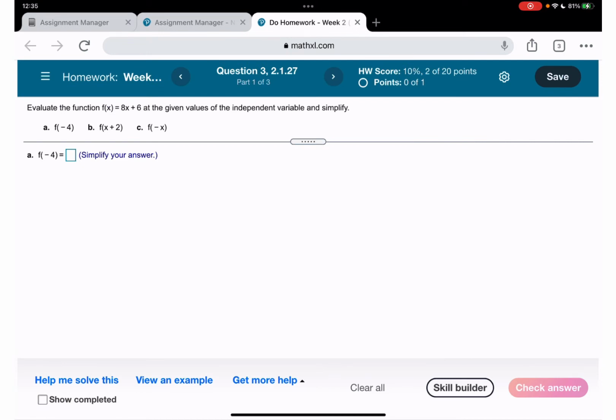So this is going to be question number 3. Question number 3. What we are going to do here? We need to evaluate the function 8x plus 6.